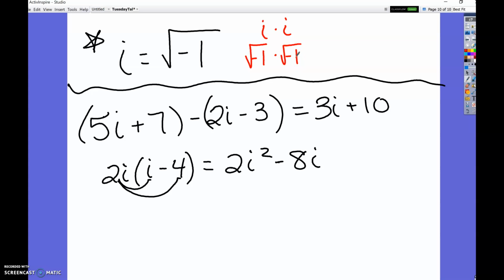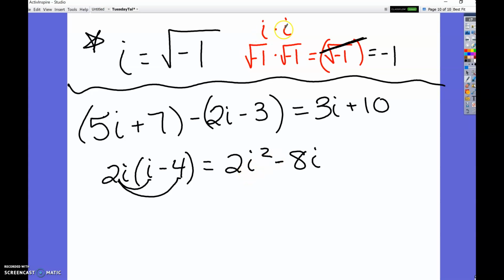Well, when we do that, what happens when you take a square root of negative 1 and you square it? Well, square rooting and squaring will cancel each other out, so you're just left with negative 1. Kind of like 2 wrongs might make a right. Basically, 2 imaginary numbers multiplied makes a real number.